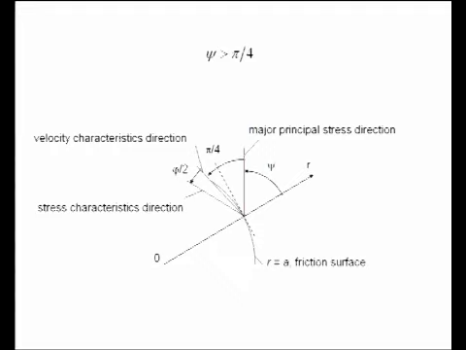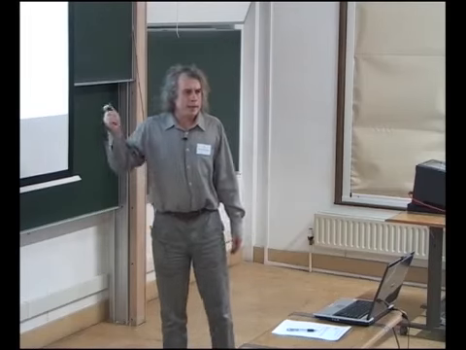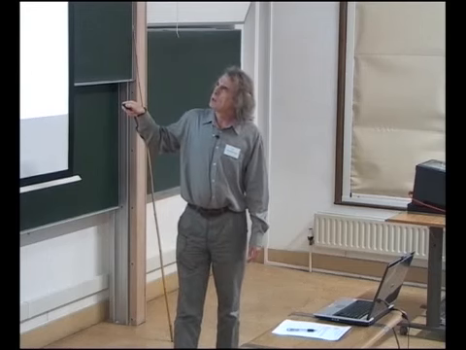And if this condition is satisfied, then you can see that the tangent to the friction surface is between the major principal stress direction and the velocity characteristics. Therefore, as we move to the friction surface, this structure just rotates, because these angles are fixed, so they're constants.